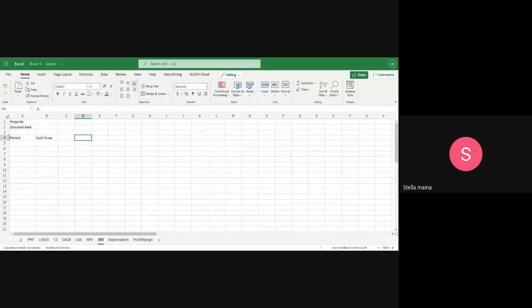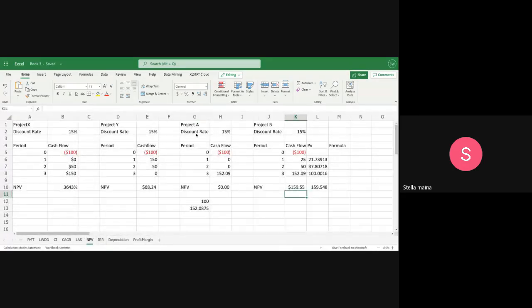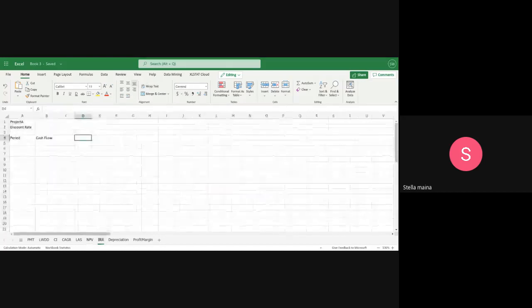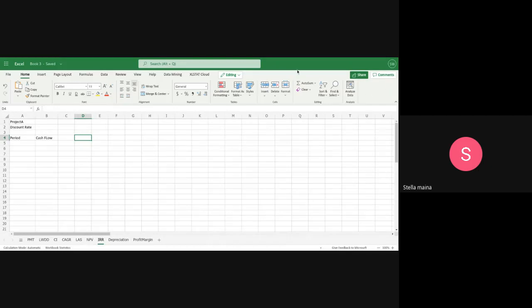And that is something we saw in this example in our project A, where our net present value was 0.00. So that is what the internal rate of return basically does.